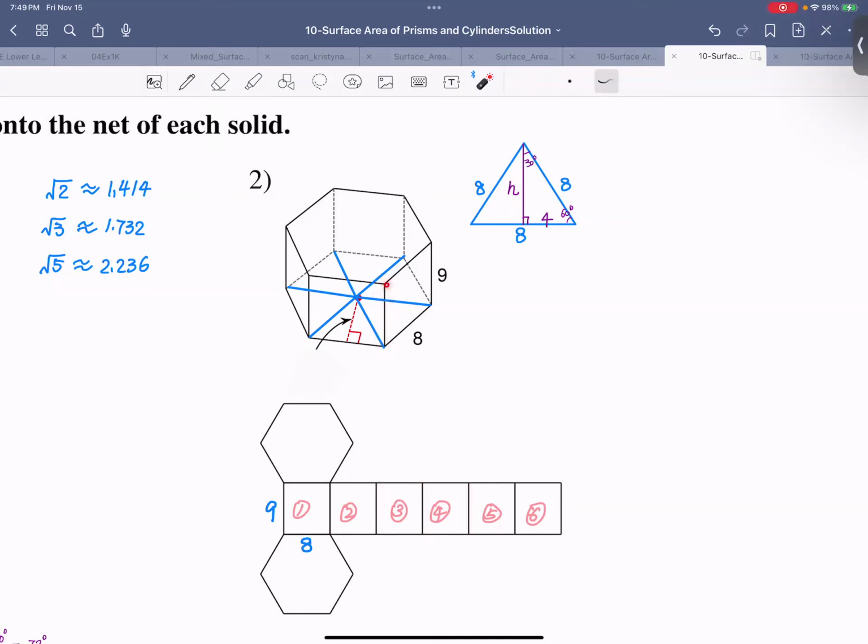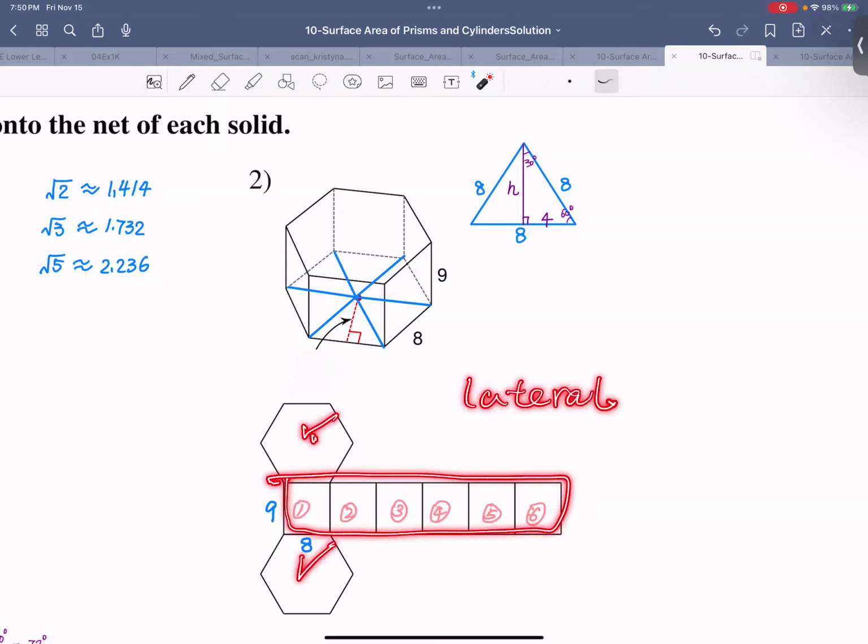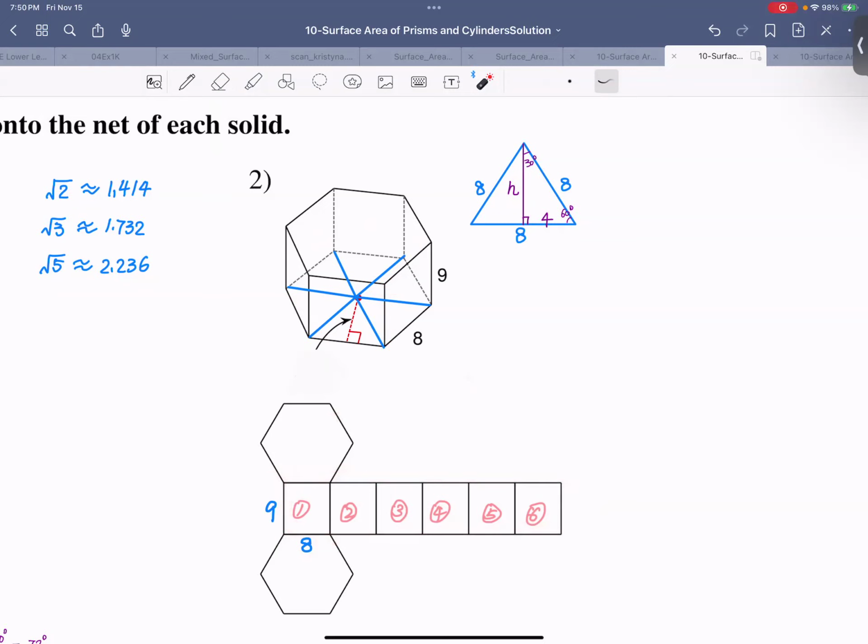So you will have 1, 2, 3, 4, 5, 6. You have 6 of the rectangle, and you do this area together. The area here is called lateral surface. Lateral surface plus the top and the bottom surface is called the total surface. Okay.